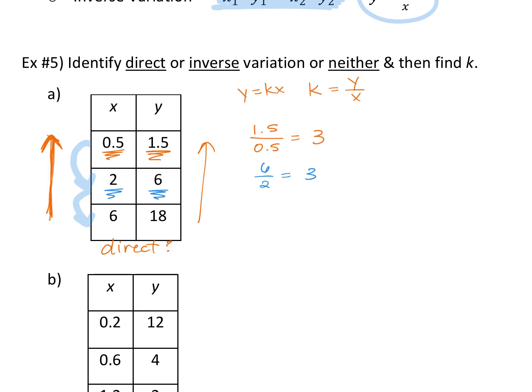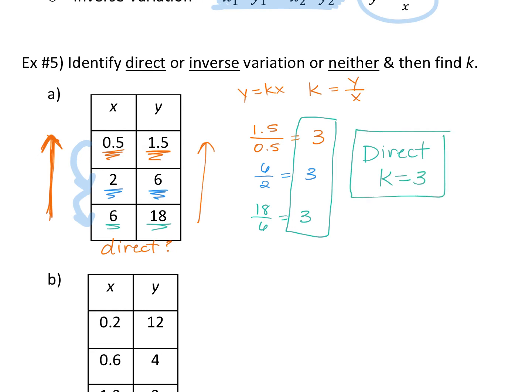Okay, so then the last one, 18 over 6, right? Y over X is 3. Is that a direct variation? Yes, you have a constant. 3 never changed, right? So we would say that is a direct variation because they were both going up, and k equals 3. Okay?